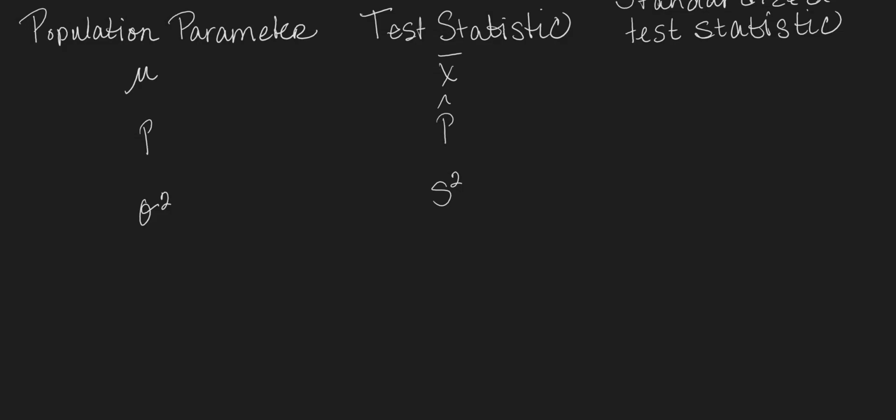Okay, well, when we're using a sample, we have a couple of options. We can use a z-test if our sample size is greater than or equal to 30. And we could use a t-test if our sample size is less than 30.